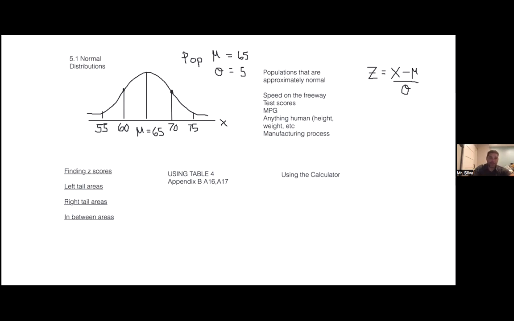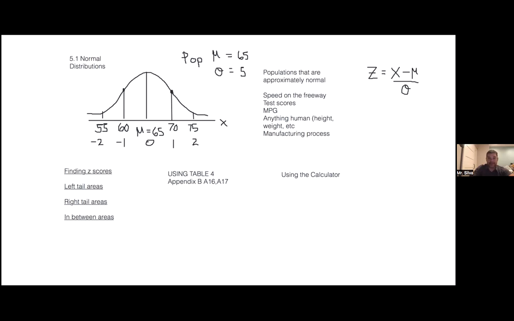Okay, so we're going to jump from an x value, these are all x values, these are speeds, to a z-score. Here's a z-score of 0, here's a z-score of 1, here's a z-score of 2. Go left, below average, -1, -2.